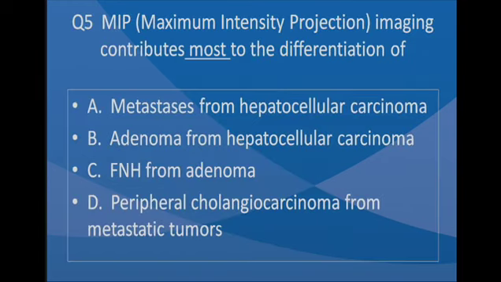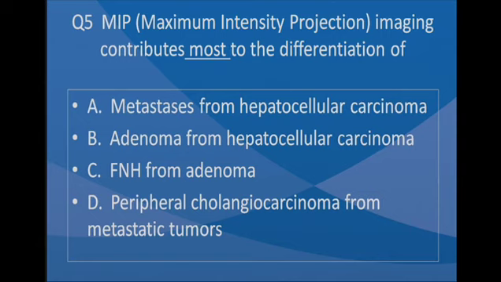So this maximum intensity projection, or MIP imaging, contributes most to the differentiation of which tumors: metastases from hepatocellular carcinoma, adenoma from hepatocellular carcinoma, FNH from adenoma, or peripheral cholangiocarcinoma from metastatic tumor.